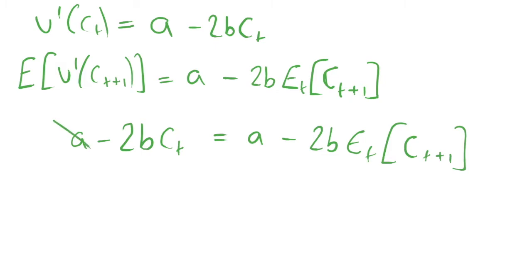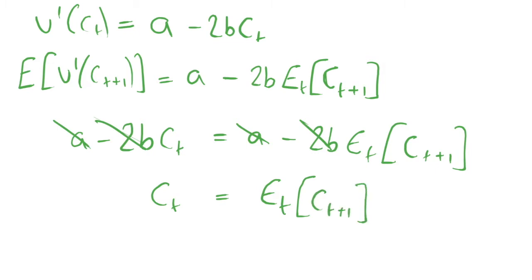We notice that we can just subtract a from both sides, and then we can divide both sides by minus 2b. So these terms all cancel out, and we get a very neat result that the expected value of consumption in period t plus 1, given information in period t, is equal to our consumption in time period t.